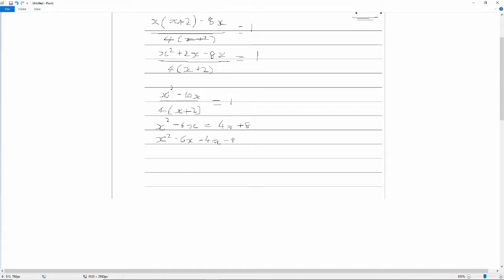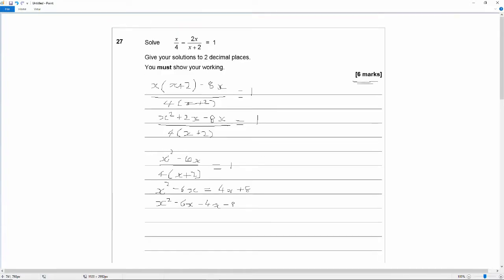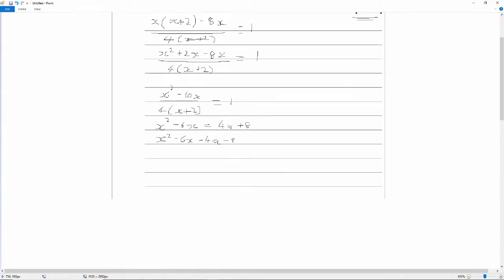I can't see any way to factorize it, and the question says give your solution to 2 decimal places, so they're not expecting me to be able to factorize it. So I'm going to combine the terms. So this is equal to x squared minus 10x minus 8 equals 0. And by the way, that should equal 0 because I moved them across.